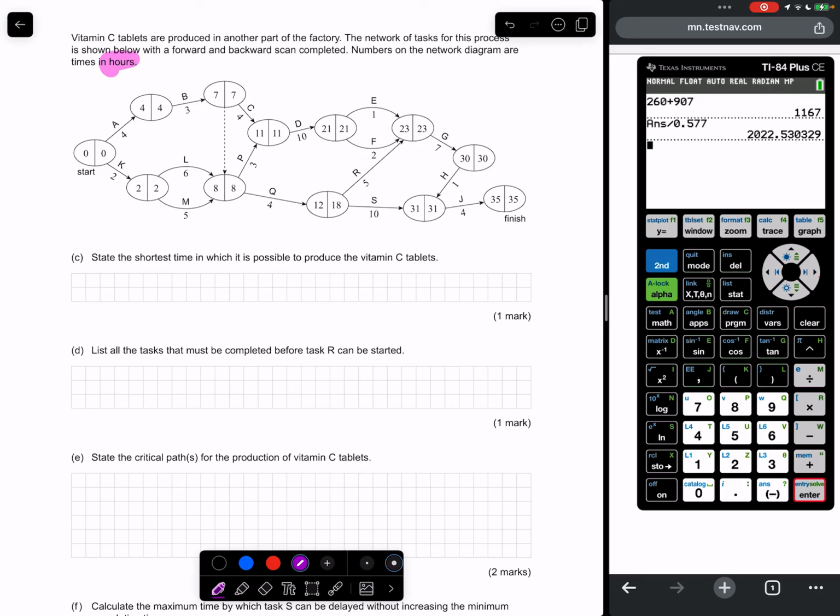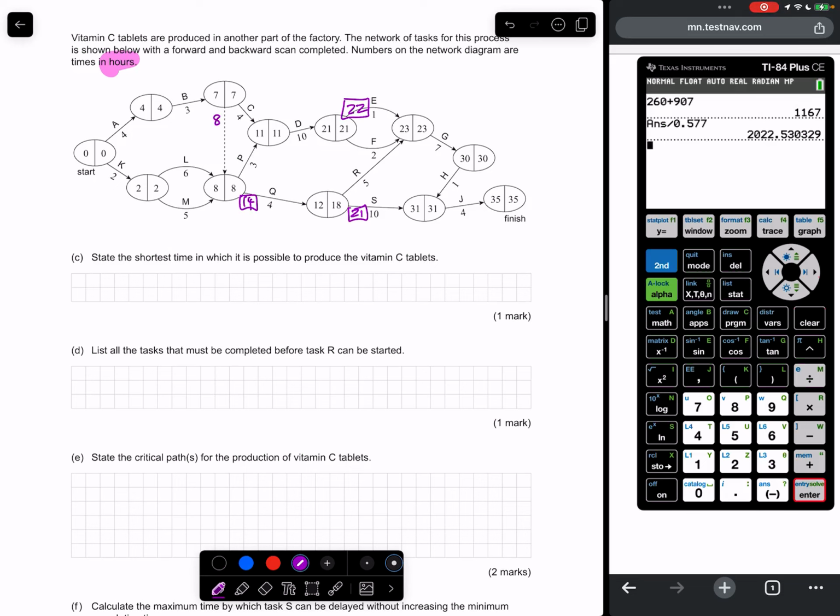Let's do the backward scan. 30 take 7, multiple ways to get through R and S. 31 take 10. 21 here, but 23 take 5. That 18 is from there. 23 take 2. 21, but 23 take 1. 22 through E. 18 take 4 or 11 take 3. 18 take 4 is 14.